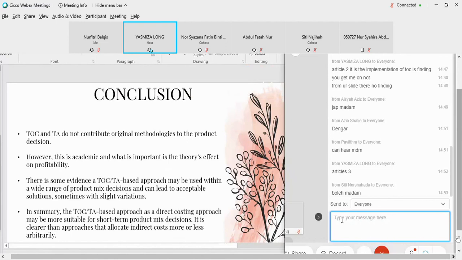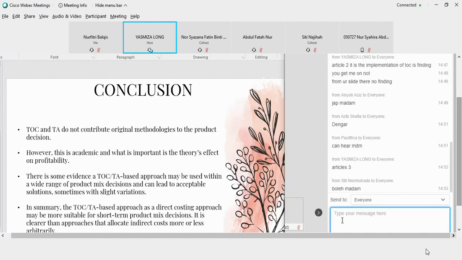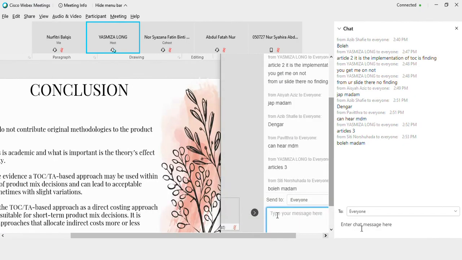Rasa kita berhenti dah, tak ada soalan daripada kawan-kawan awak? Tak ada? Can we end our meetings now? Because at 3 o'clock I have another class.